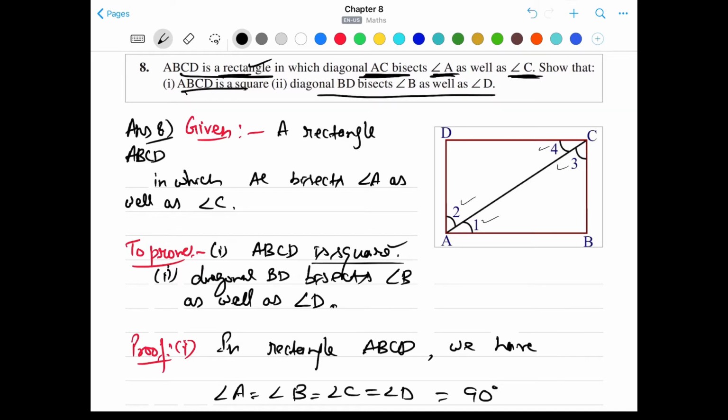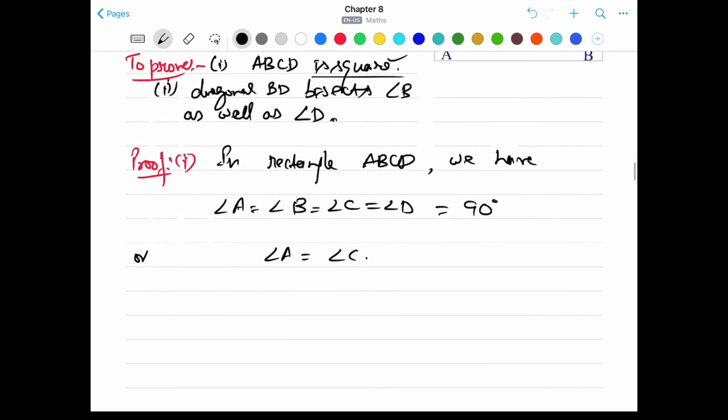Okay, so as AC bisects angle A, that means this angle 1 and 2 will be equal, and this 3 and 4 have to be equal.